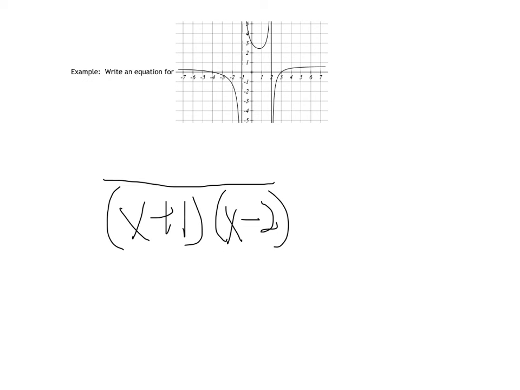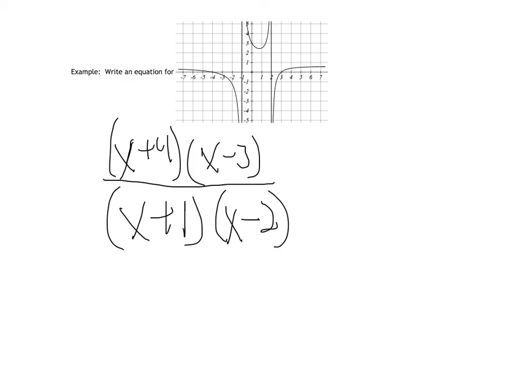I also know that both of these should be acting like 1 over x, because as I'm approaching from the left, it's headed to negative infinity, and as I'm approaching from the right, it's positive infinity, and then the reverse happens here. But still, it's not like the reciprocal squared function. I'm seeing a 0 at +3, so x minus 3 has to be on top. I'm also seeing another 0 at -4, so x plus 4.